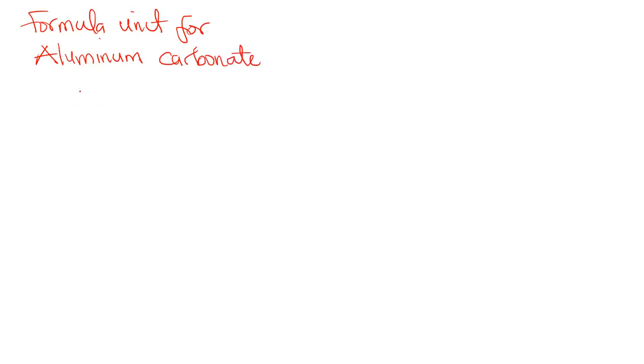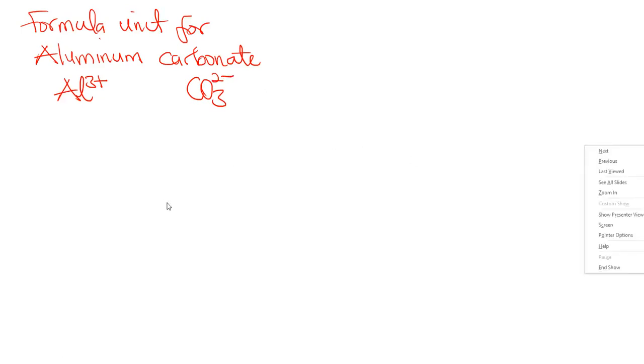So being group 3A, we are going to have Al3+. And the carbonate is CO3 2-. So these are the things that you need to know, what these ions are. Then you bring them together.